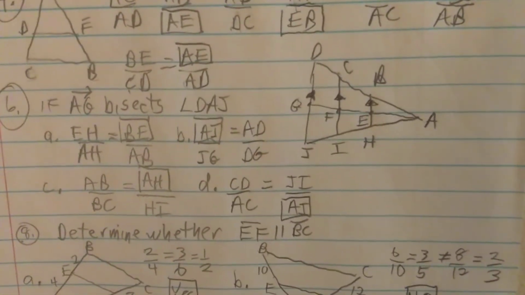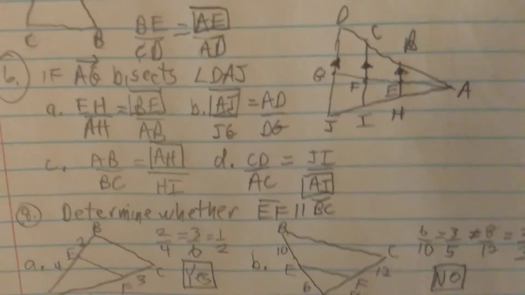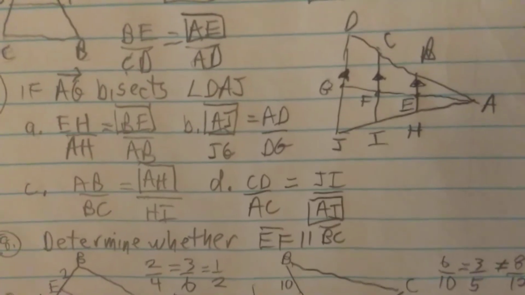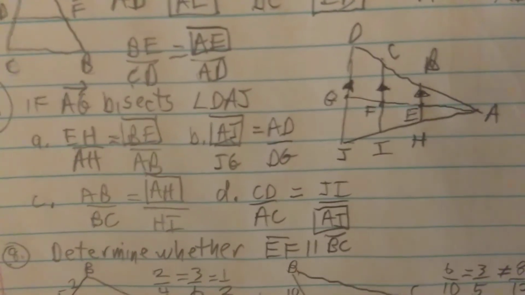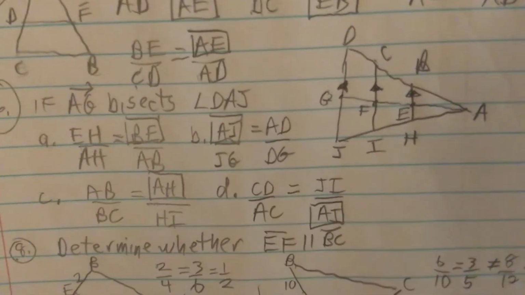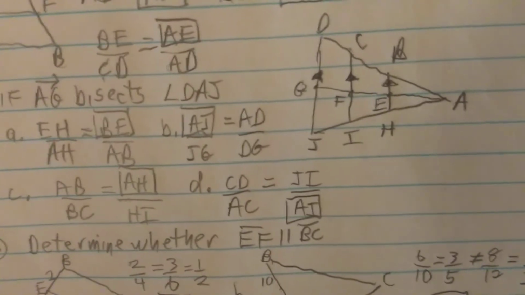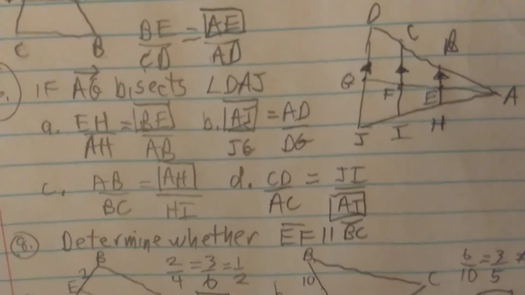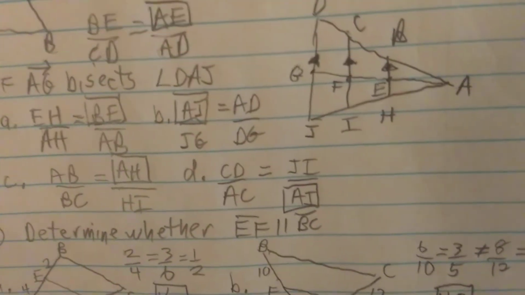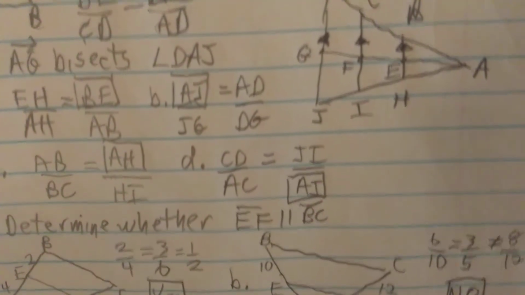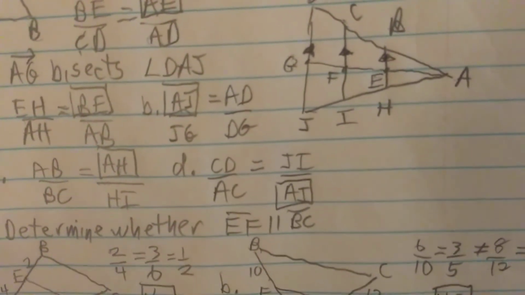So now in 6, if line segment AG bisects the whole big triangle, angle DAG, then EH, where E is in the middle of that farthest right parallel line, EH over AH, that part on the left side of the bottom, is equal to BE from the right part that's corresponding to the middle over AB.